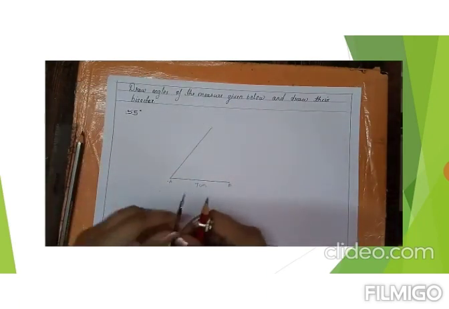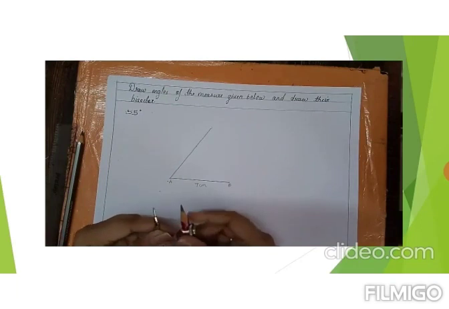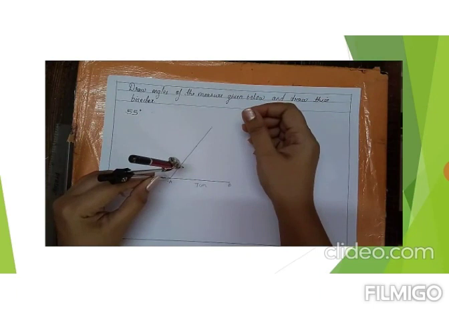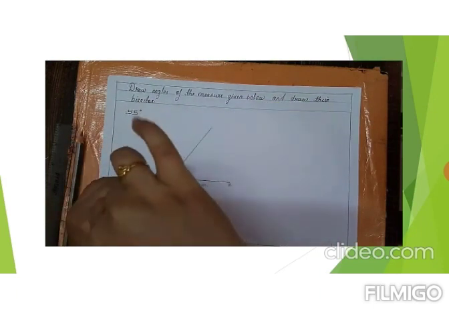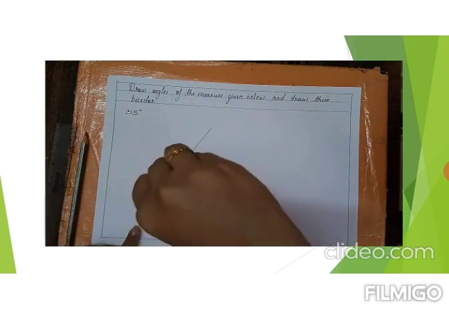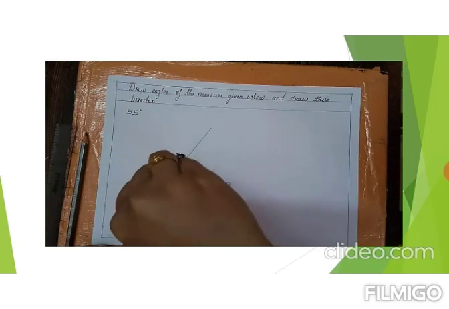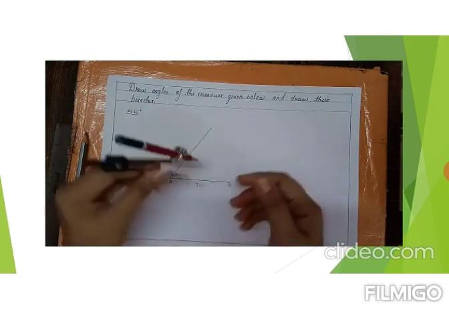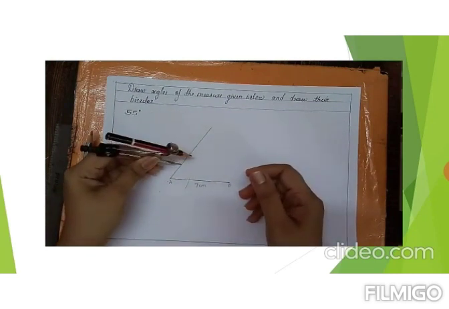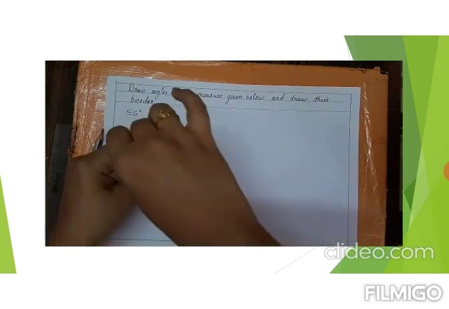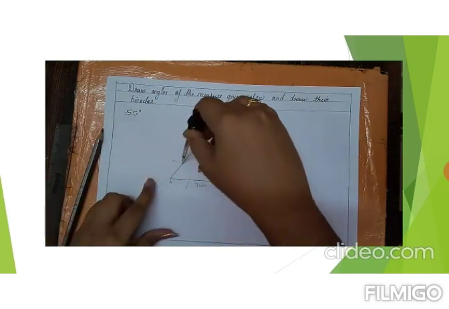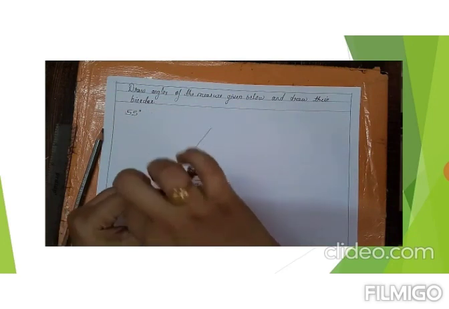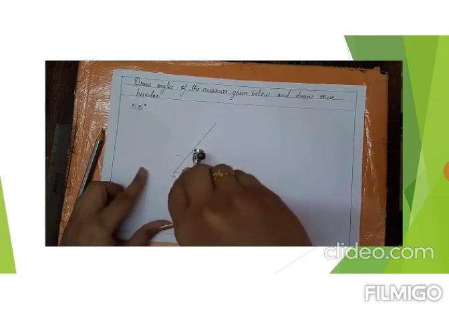Now we will draw the bisector. Keep your compass point and draw the arc. Don't move this. Again with the same setting, keep it on one arc and draw an arc, and then again draw an arc to cut this arc.